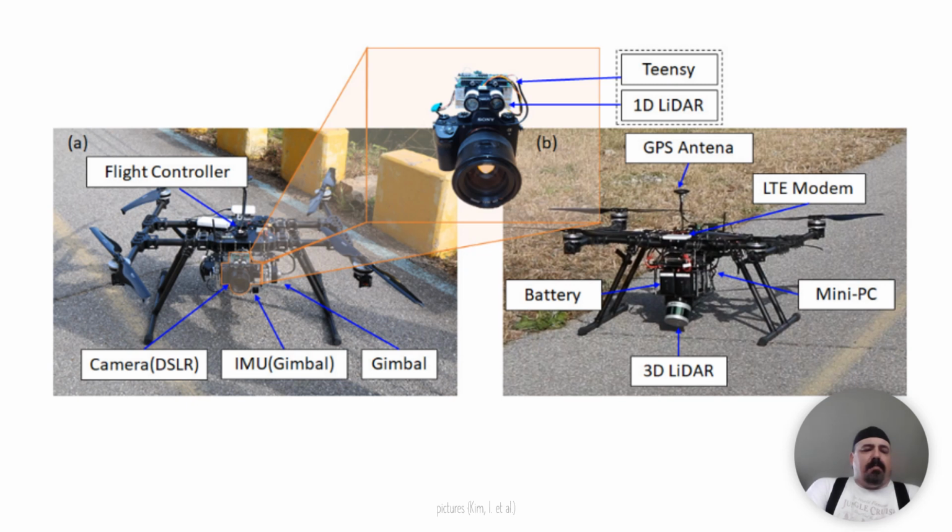These units are mounted on a gimbal to keep them stable. This stability is key to getting the best quality images. In addition, there is a mini PC and an LTE modem to transmit data in real time. It also must carry batteries to power the equipment and the drone itself.